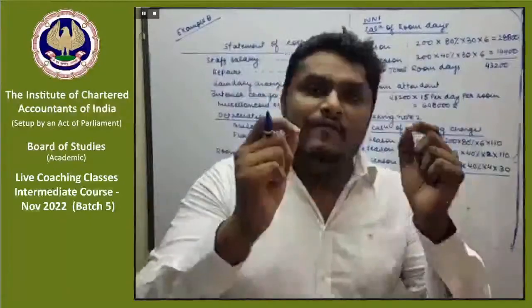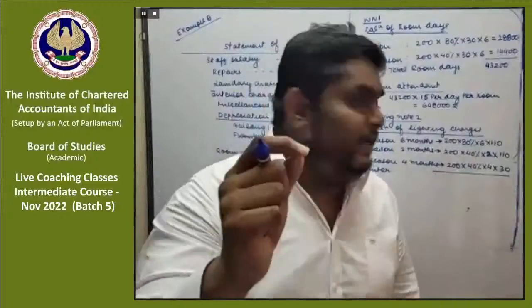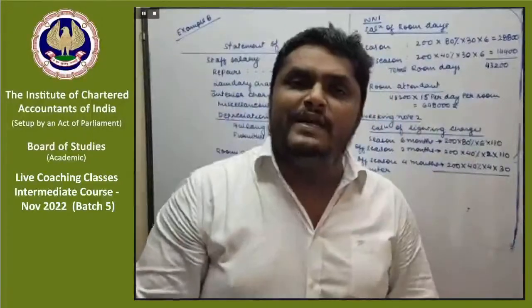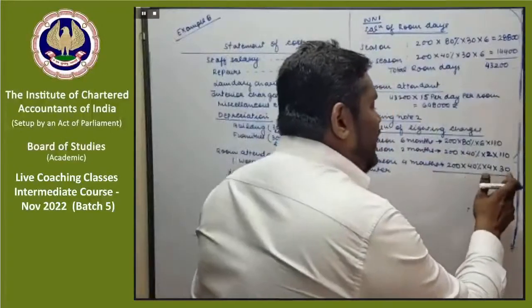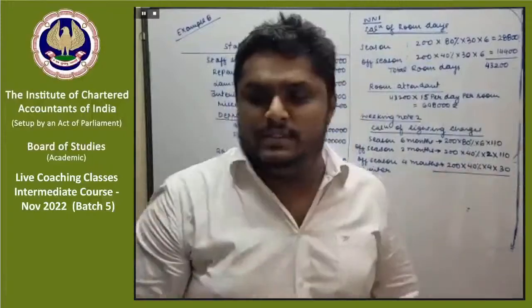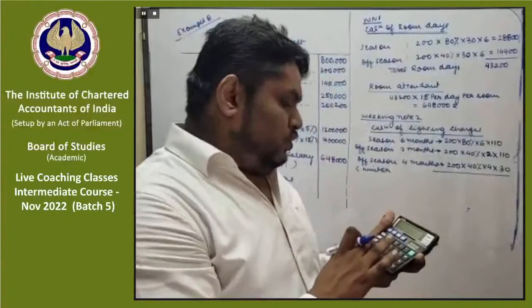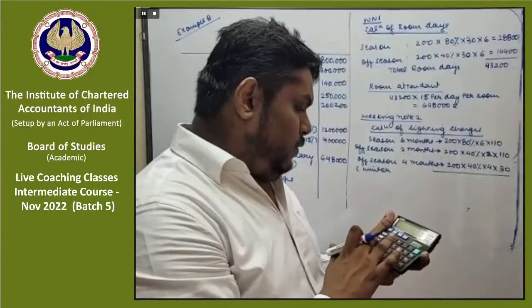But for the 2 months, it is 200 into 40% into 2 months into 110. And similarly for the off season period, that is in the winters, for 4 months it is rupees 30 only. So 4 into 30, 200 into 40%. So now let's calculate the total. So 200 into 80% into 6 into 110.